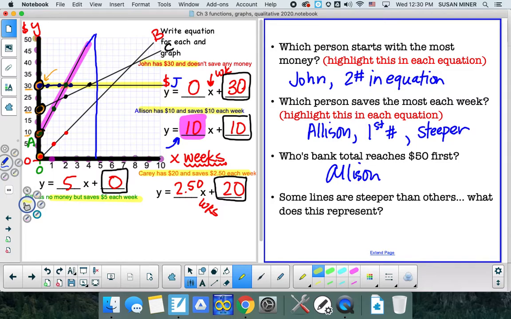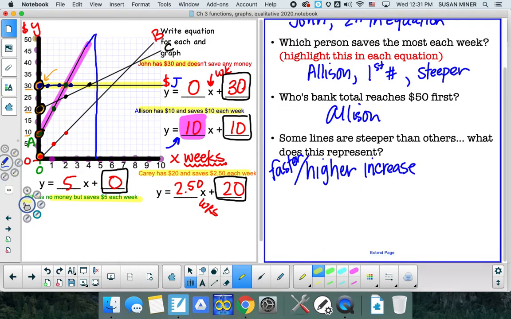Some lines are steeper than others. What does this represent? Well, steep lines represent a higher increase, or a faster increase, and bigger first numbers, the bigger per part in the equation.